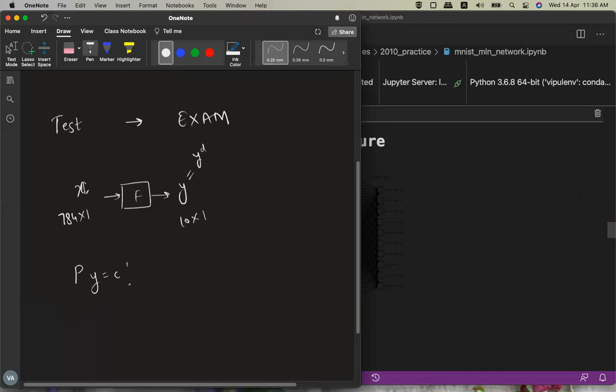That is, y is a class c given x, where c can be 0, 1, 2, and so on up to 9. So this is what I want to model at the output. My output is not directly y, but the probability of a particular y. c can take 10 values.